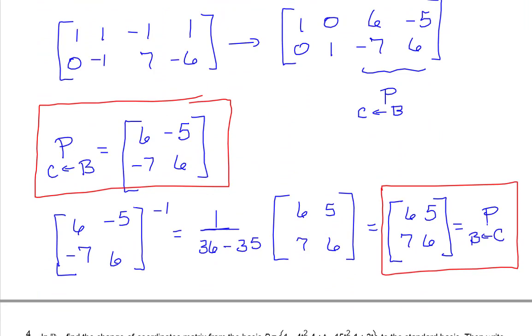So when we do that, the determinant is actually 1, because I have 36 minus 35, which is 1. And so A and D switch, nothing happens, and I get the negative of what was there. And so this is our inverse transformation going from C back to B.